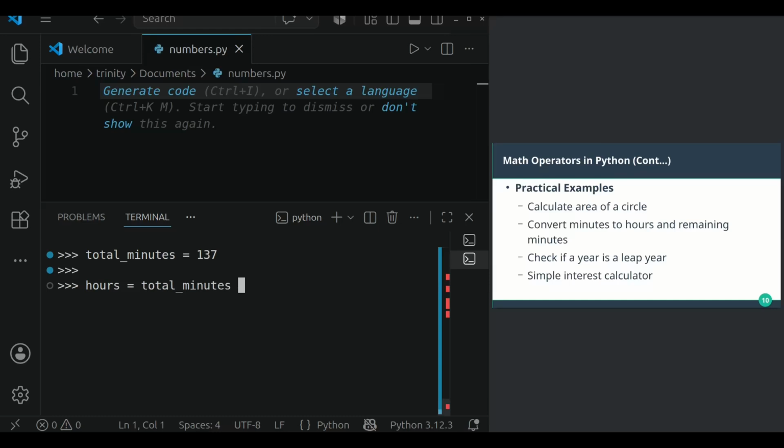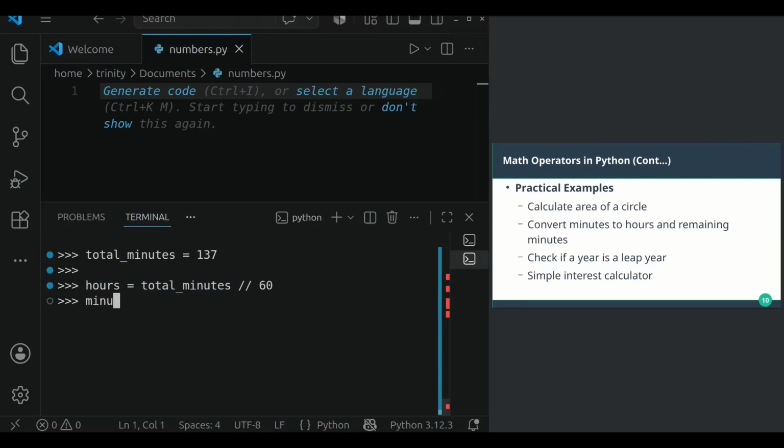So we are dividing the total minutes by the floor division or integer division by 60. 60 minutes makes an hour. So we are taking the total minutes, dividing by 60 to get the number of hours. So that is for hours. Then we're going to check if there is a remainder left after checking for hours in our total minutes.